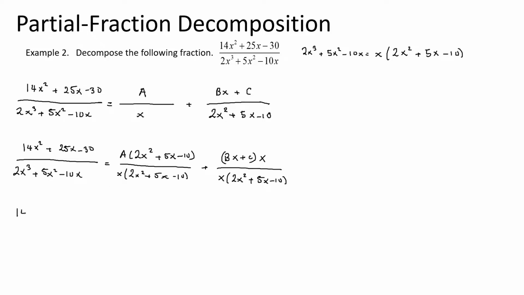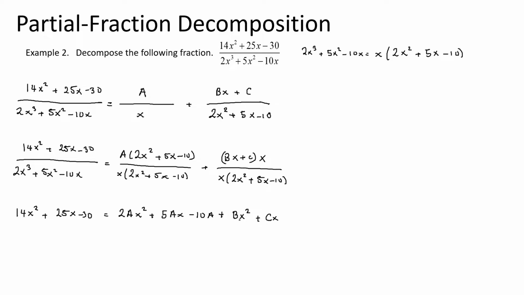So we could say that 14x squared plus 25x minus 30 will equal 2ax squared plus 5ax minus 10a plus bx squared plus cx. Again, distributing the a's and distributing the x will get you this result. So let's try to group by the term.